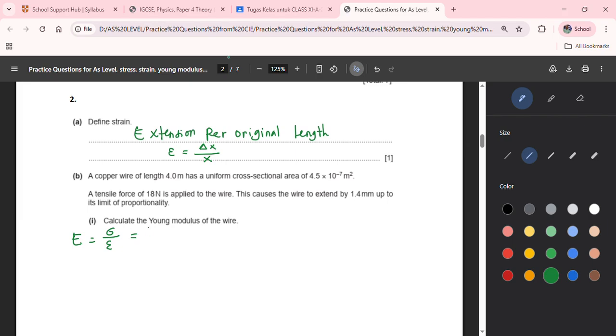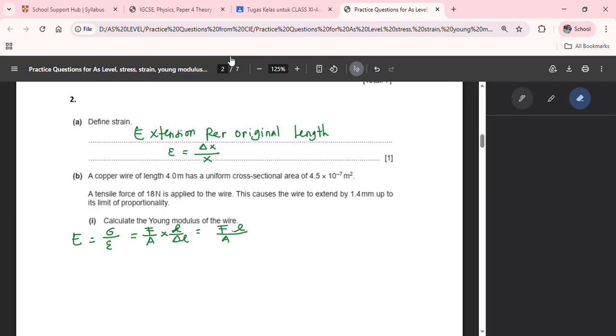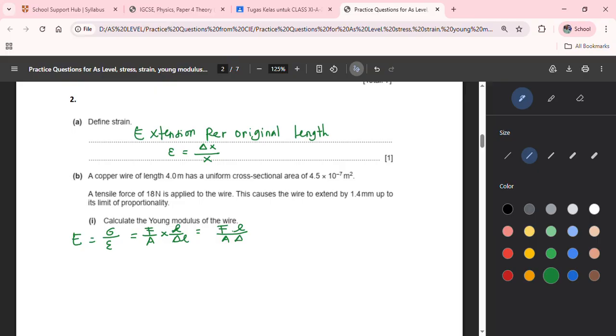The stress is force divided by area, and the strain is delta L per L. So the formula for this is F times L per A times delta L, because it is divided by delta L per L, so L is going up and then divided by delta L.